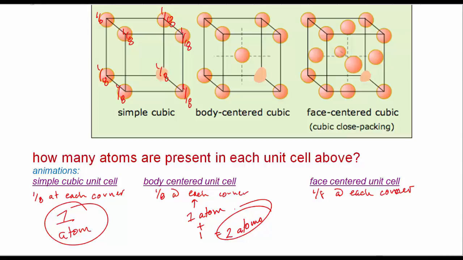And then for face-centered, we've got 1/8 at each corner, so that'll be 1, plus we have 1/2 on each side, but there's 6 sides. So 1/2 times 6 is 3, for 4 atoms total. Okay, so know how many atoms are in each unit cell, because that's going to be the answer for a lot of homework questions. And you'll see that coming up.